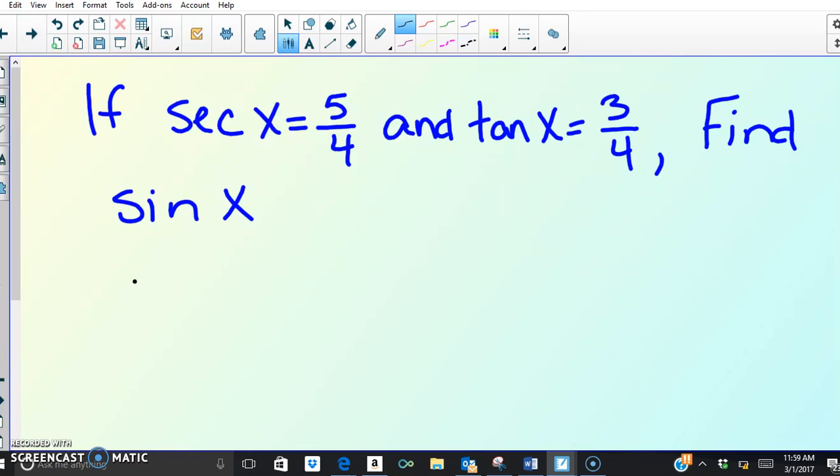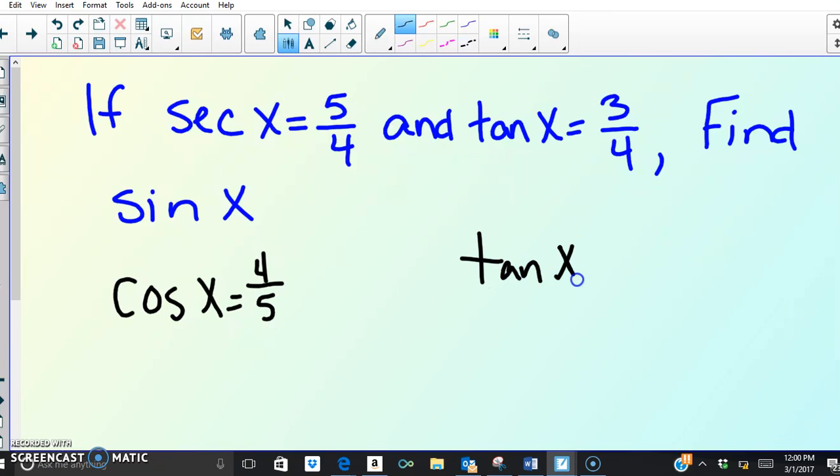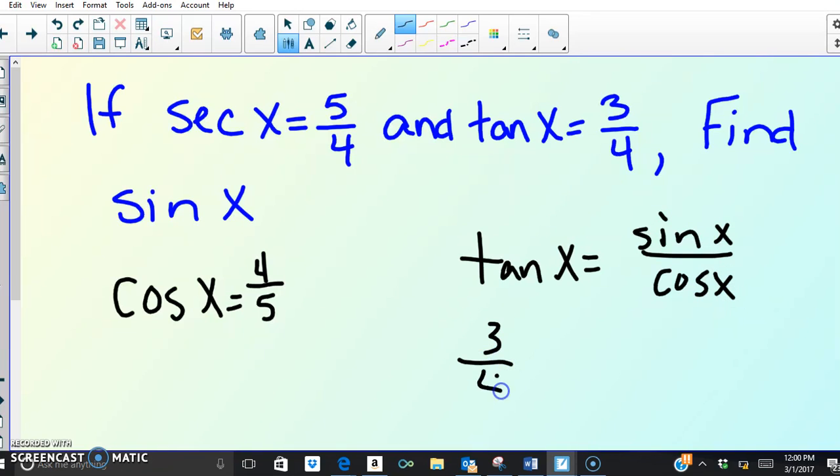So secant is the inverse of cosine, so cosine x is going to equal 4/5. Tangent x equals sine x over cosine x. So we have tangent, so that is 3/4 equals sine x over 4/5.